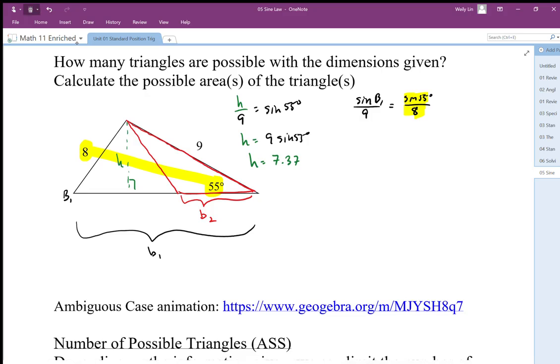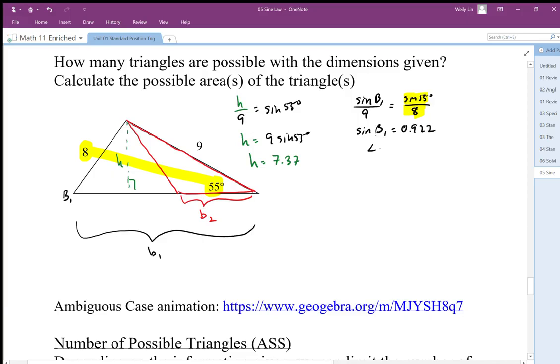Solving for B1, nine times sine 55 divided by 8 gives me 0.92, rounding to two decimals.